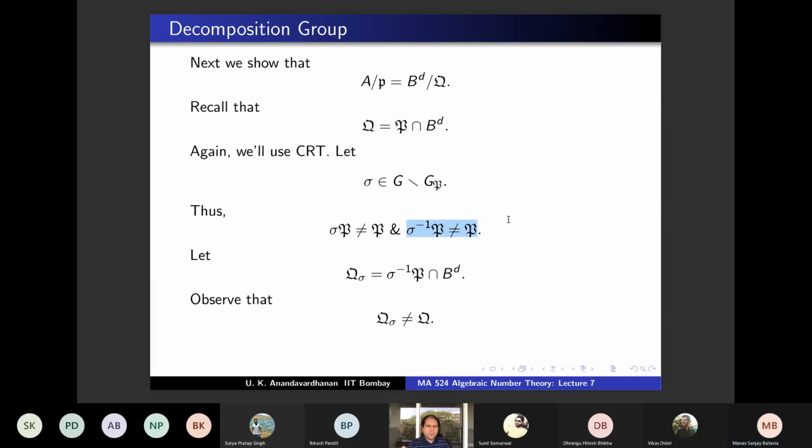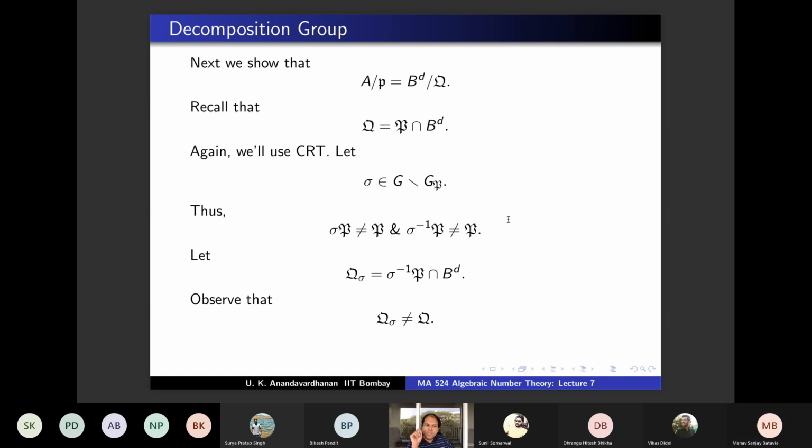Now, does it follow from this automatically? Is it set theory or is it something else? It's not set theory, right? Because we can have sigma of sigma inverse P equal to P. Yeah, so intersections agree does not mean the originals agree.